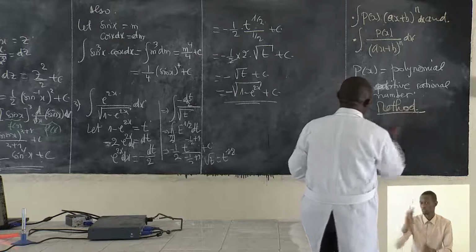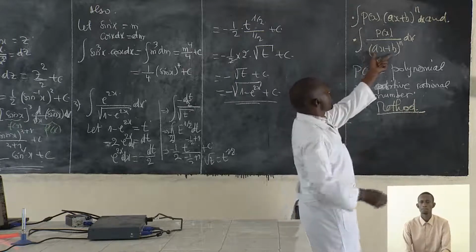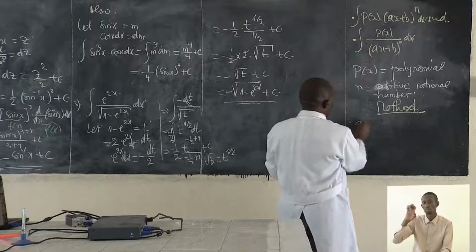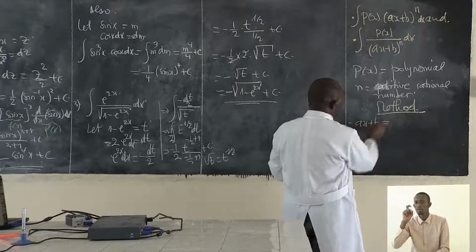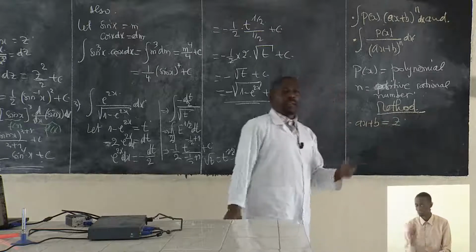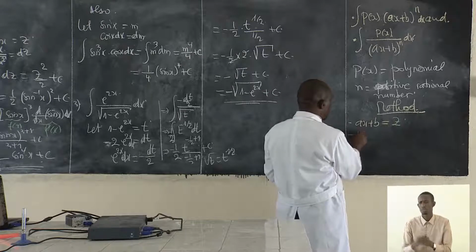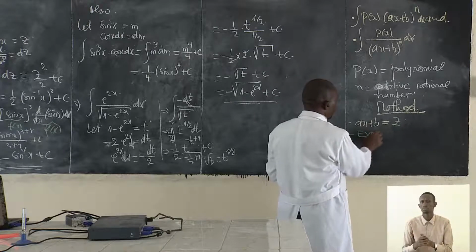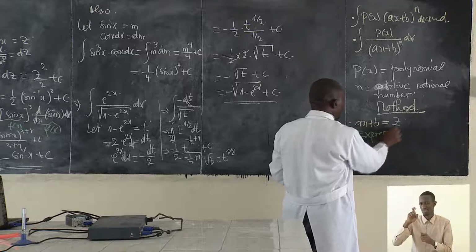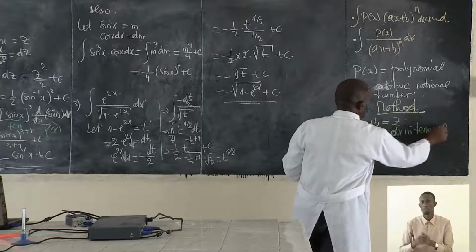The method is simple. You let this linear expression ax plus b equal, for instance, z. Then after, you express dx in terms of dz.